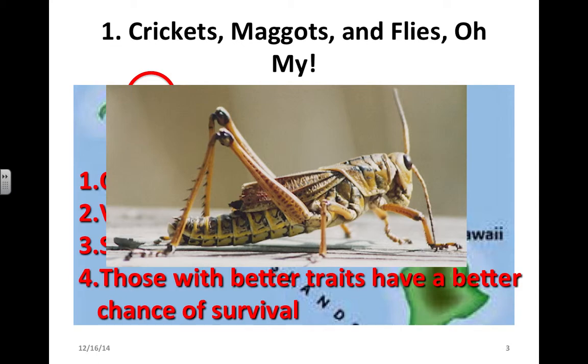Well, that's fine and dandy, except that there is a parasitic fly in Kauai that has figured out that if it can listen to the chirping, it can find the male grasshoppers. So why is a parasitic fly interested in finding a male grasshopper? Well, because the female parasitic fly lays her eggs on the back of these crickets.